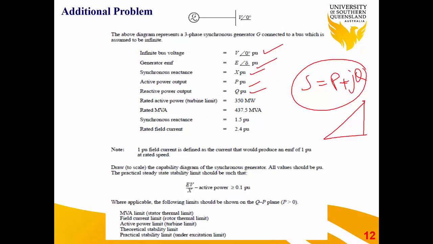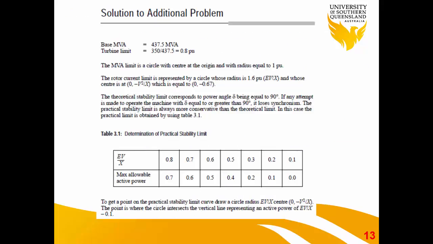Okay, showing this one, said this one will help you. I recommend follow this one with the help of your textbook. Important. Then they said EV by X, and then maximum allowable active power.